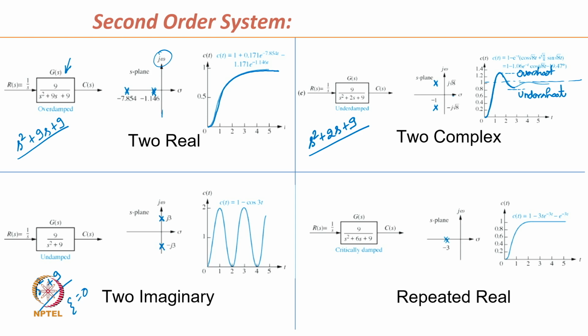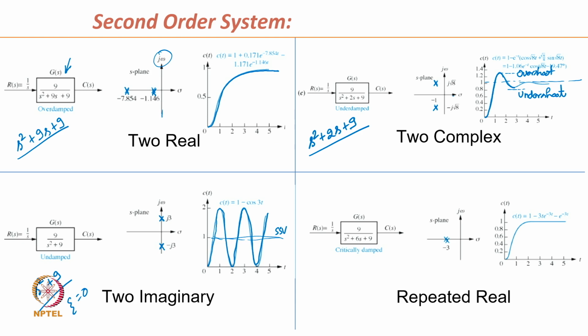In that case the system is undamped and it goes into the oscillatory mode if we apply a step input to this. So, this is the oscillation around the steady state value, because there is no force existing there which is opposing this motion.